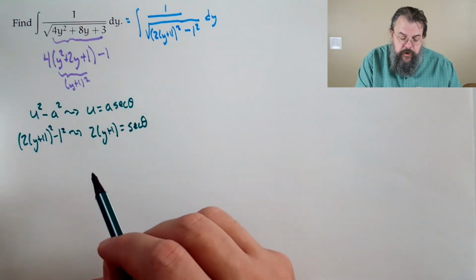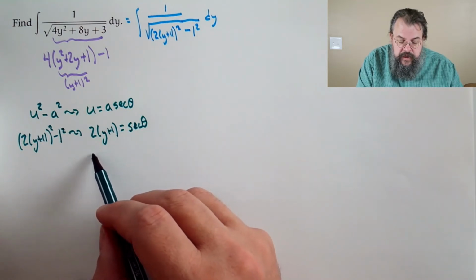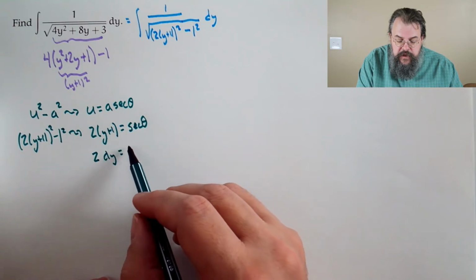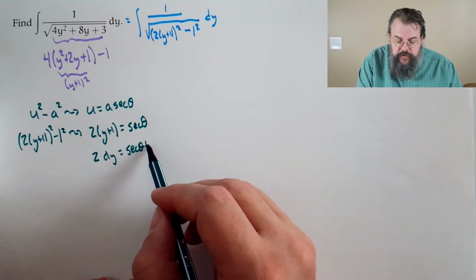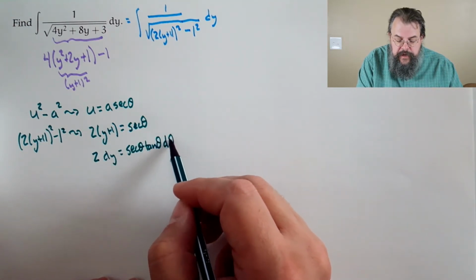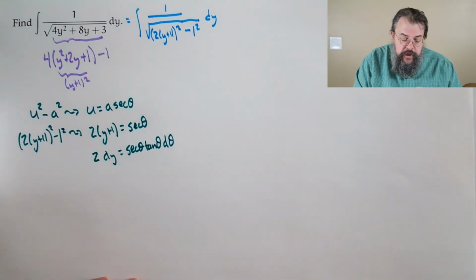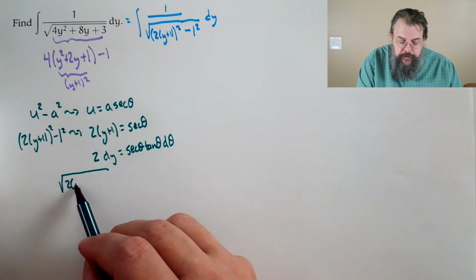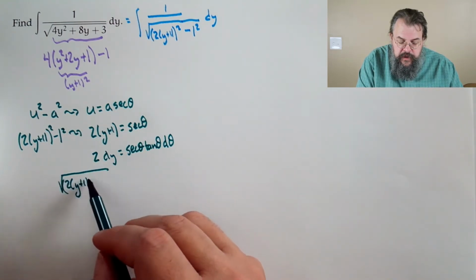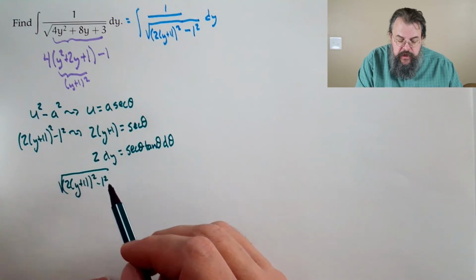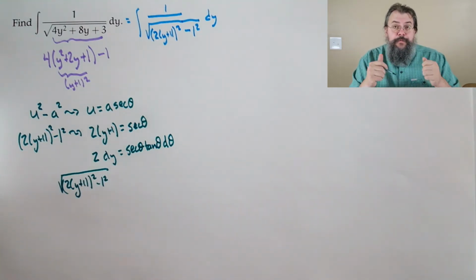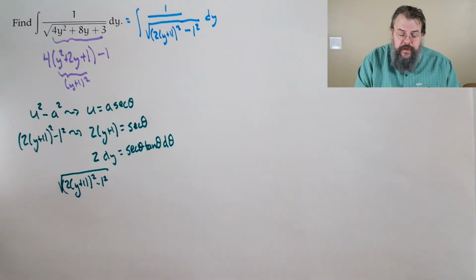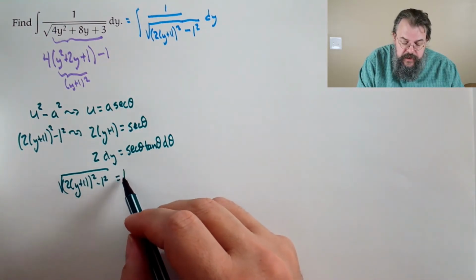Well, let's go through and see what happens. That says 2 dy is equal to the derivative of secant, secant times tangent, d theta. What else? Well, the square root of 2 times y plus 1 squared minus 1 squared, that's secant squared minus 1. That's tangent squared. And when we take the square root, we're going to get tangent.